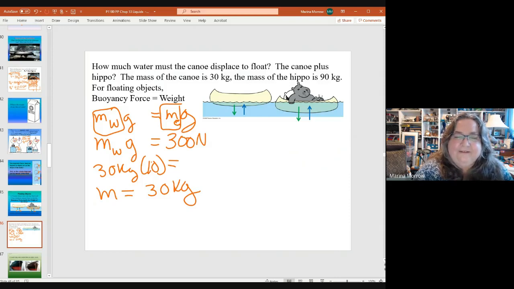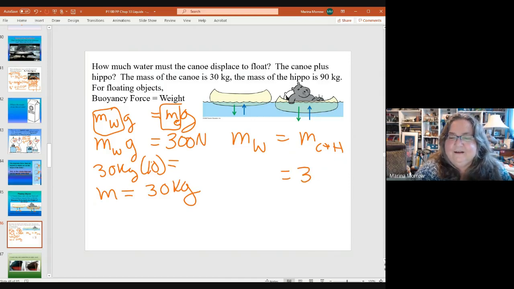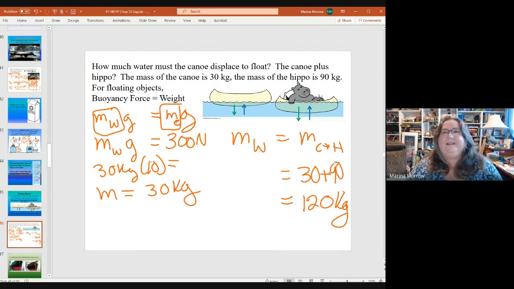Now the mass of the water must be equal to the mass of the canoe plus the hippo. So now we need 30 plus 90, or 120 kilograms of water. So more water is required because there's more weight that has to be counteracted.